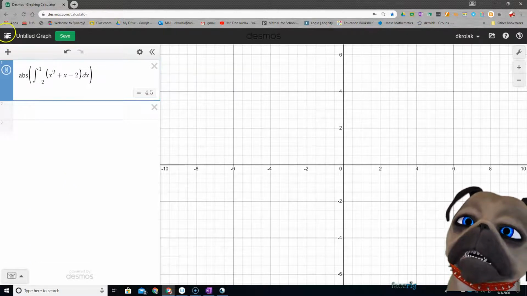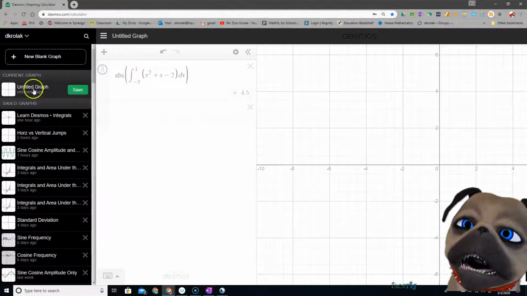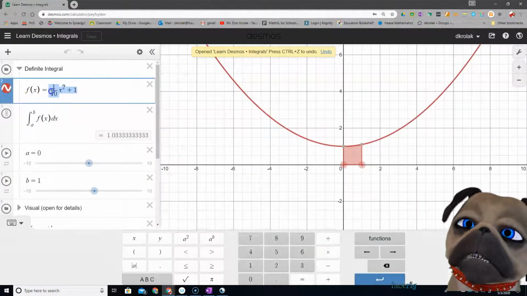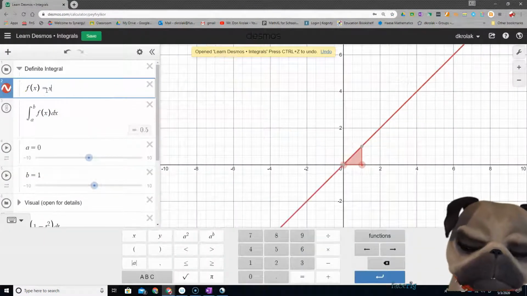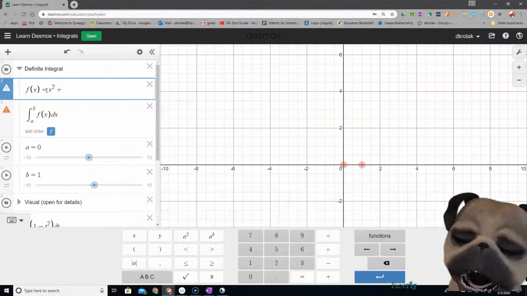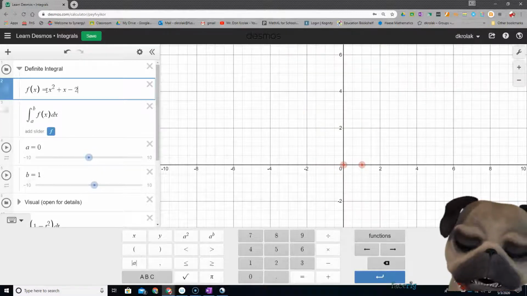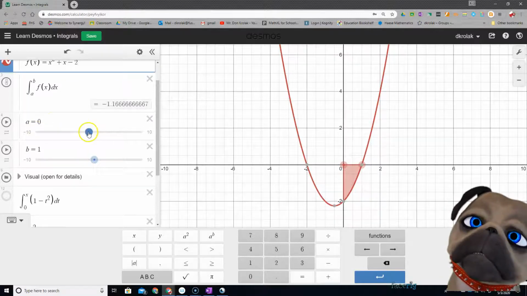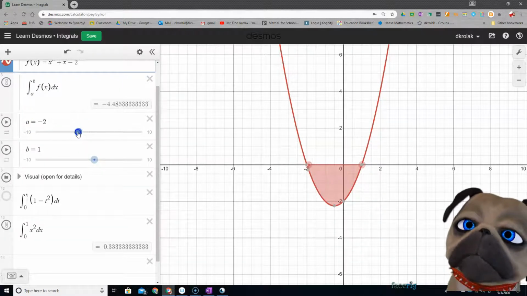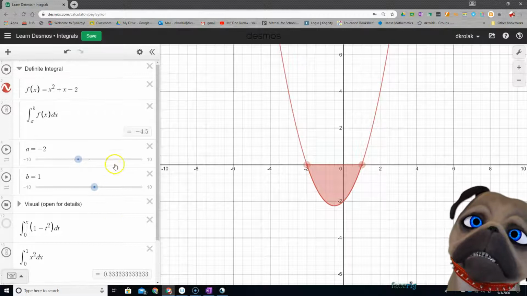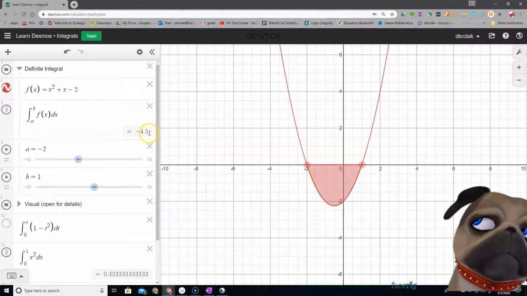Okay. Now the file that I shared with you, you can type in your equation right here, x squared plus x minus 2, and then adjust your a and your b. So we had -2 to 1, there it is, and there's your area.